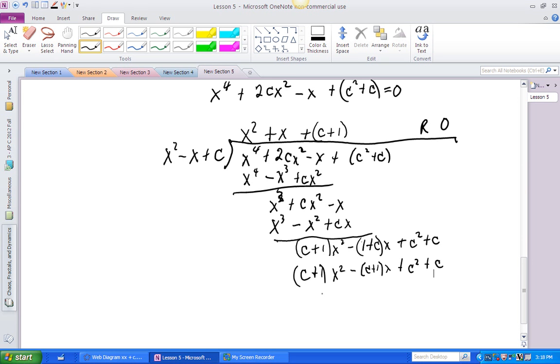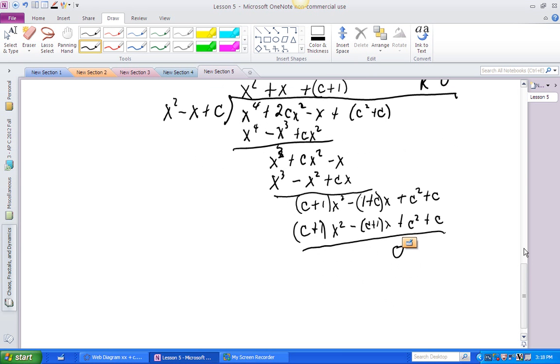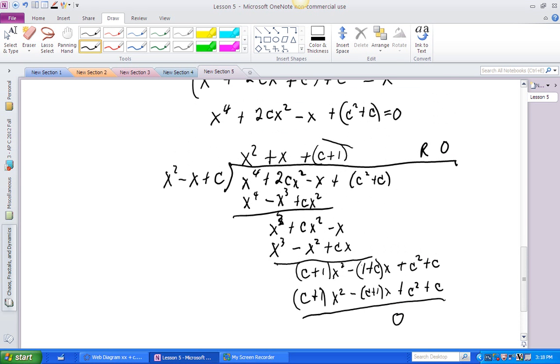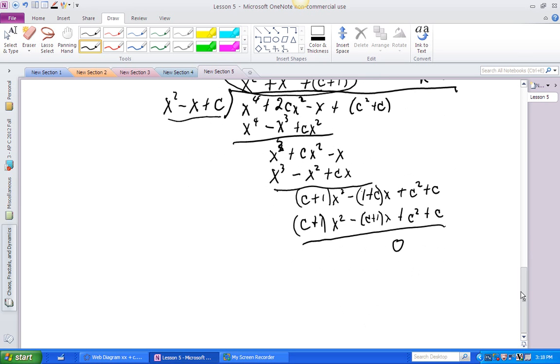And lo and behold, that does subtract out and give me a remainder of 0, which I knew would happen. And now, basically what I've done is factor this equation. This factor I knew was going to give me a solution. I already knew about that solution, and now I'm going to take the x squared plus x plus c plus 1, set it equal to 0, and solve.